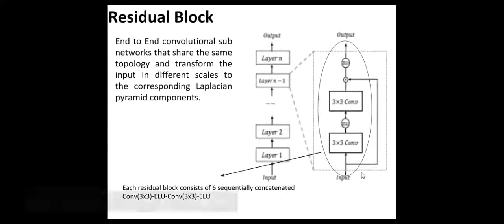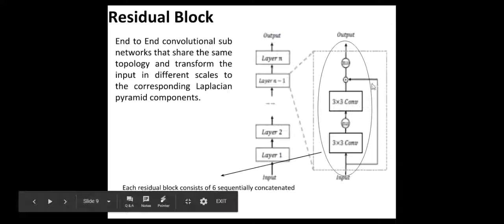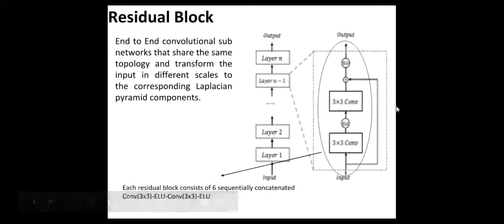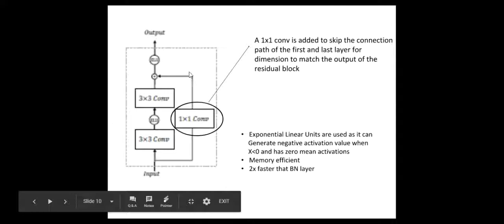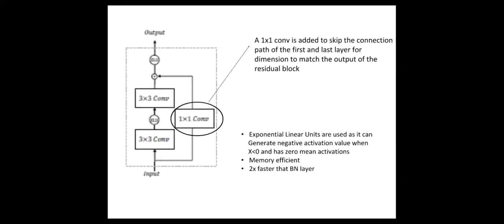In this structure, we add a 1 by 1 convolutional filter to the skip connection path of the first and the last layer for dimension expansion or reduction to match the output of the residual filter. And this is the block diagram of that. We use ELU as our activation function.